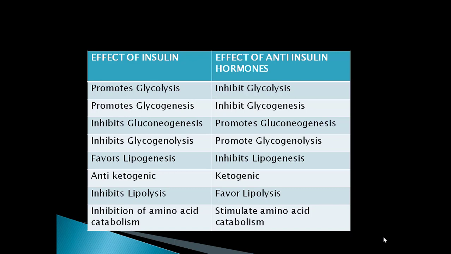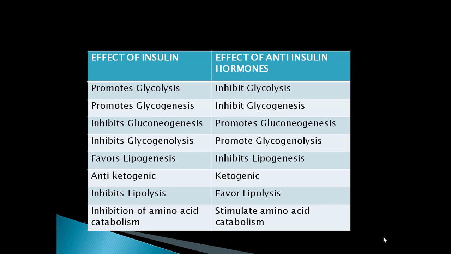Both of these opposing hormones tend to maintain the blood glucose in a narrow range very efficiently. So to understand the metabolic derangement, we are just brushing up the effect of insulin and anti-insulin hormones on blood glucose levels so we can understand in a better way.